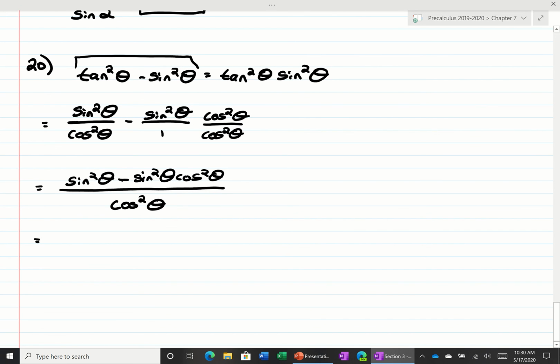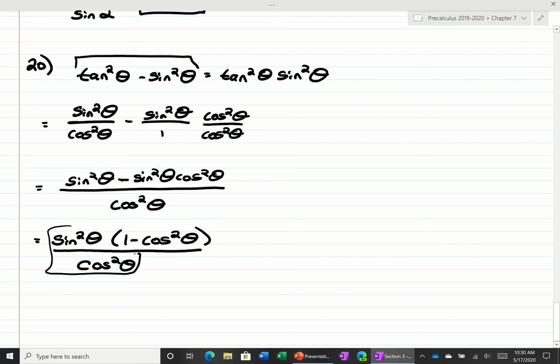Well, at this point, we could take out a sine squared on top. Remember, this is like having 2 minus 2x. We could factor out a 2 from that whole top. In this case, we could factor out a sine squared from the whole top. We just get 1 minus cosine squared of theta. This is tangent squared.